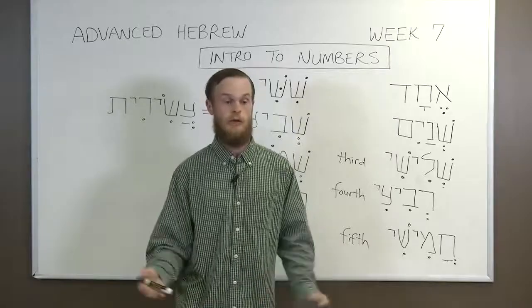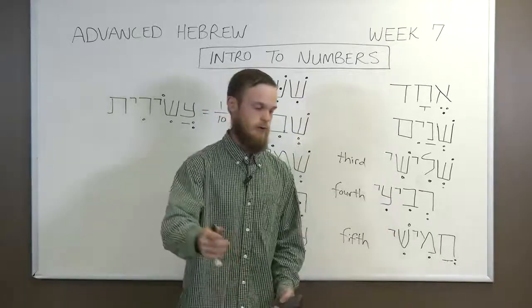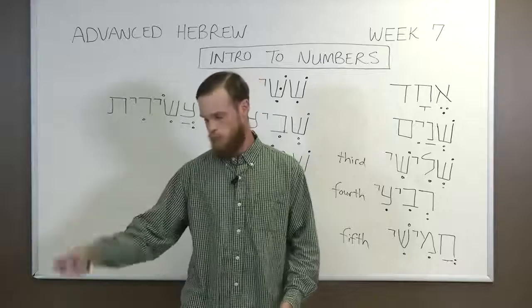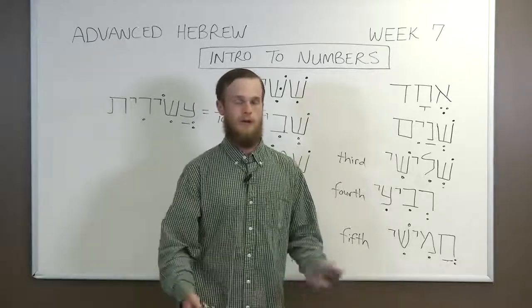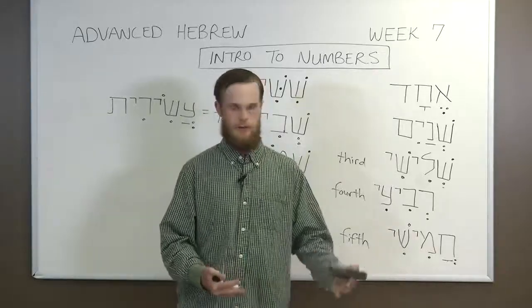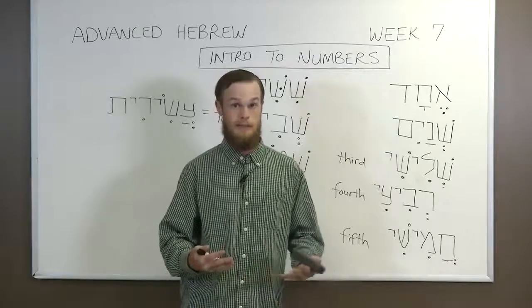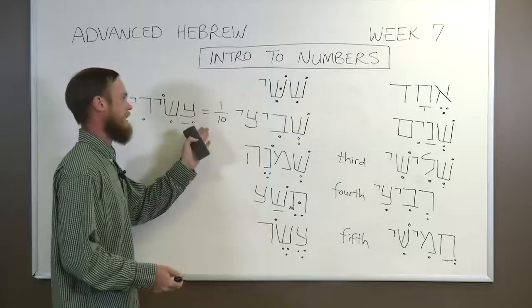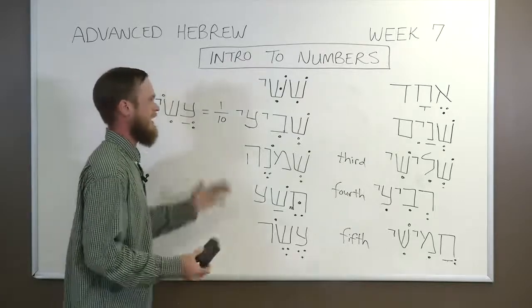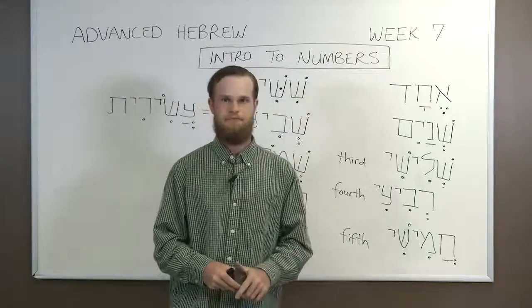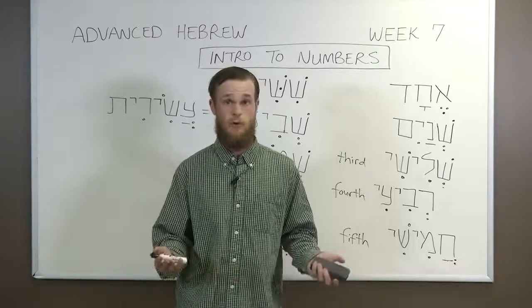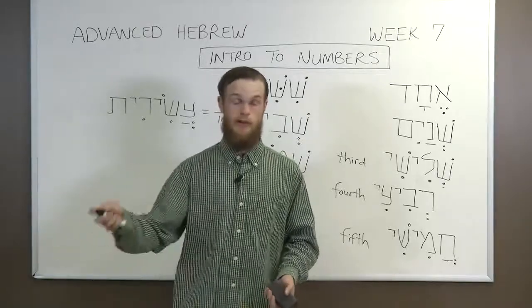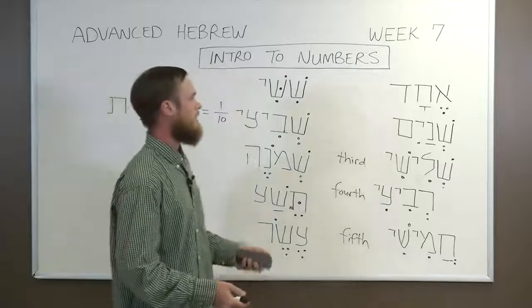Because to count your sheep, you would funnel them into a small area where they can only go by one at a time, and you count 1, 2, 3, 4, 5. So every tenth or every sixth or every third, whatever the case may be, is what you're counting. In some cases, it does mean the exact fraction, but the idea is the same as the normal ordinal number. You're counting every third one. So the sense is the same.